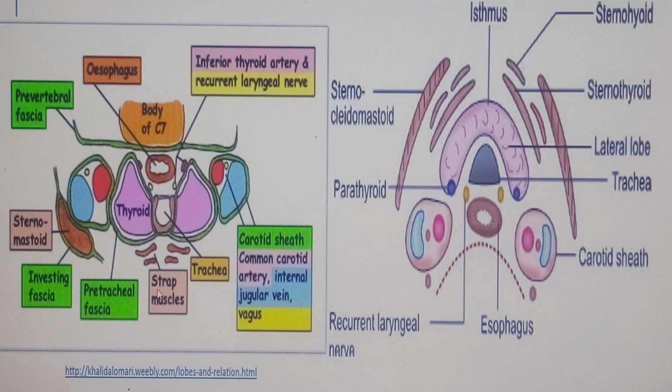So we call them infrahyoid muscles, the strap muscles. We know some of these: the thyrohyoid muscle, the sternothyroid muscle, the sternohyoid, and of course the omohyoid muscles. These are what we call the strap muscles. They are invested in the parietal layer of the pretracheal fascia. So that is one thing I want you to know.